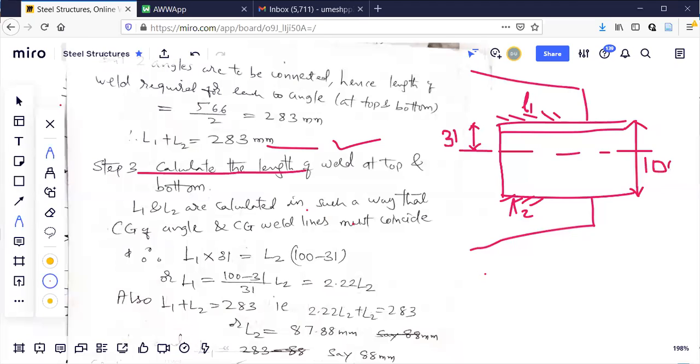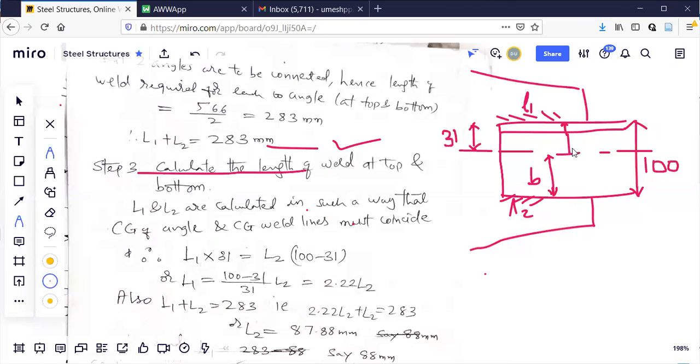I am going to use a very simple formula here. I know that L1 plus L2 is 283. I also know L1 into A is equal to L2 into B. This is B, and this is A, from the top line.